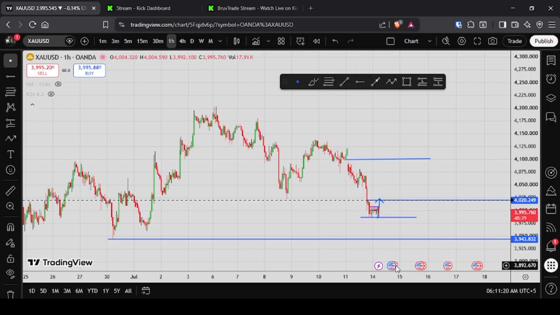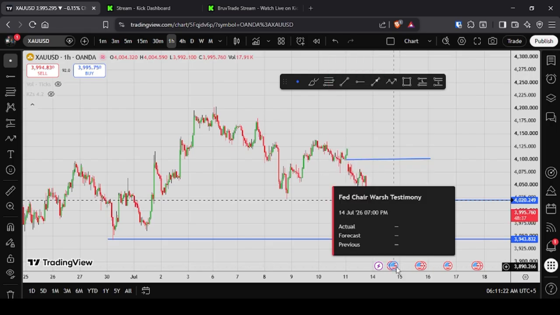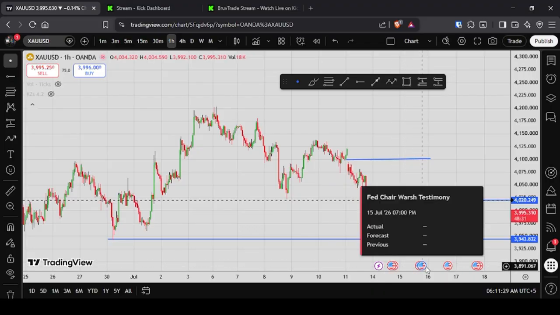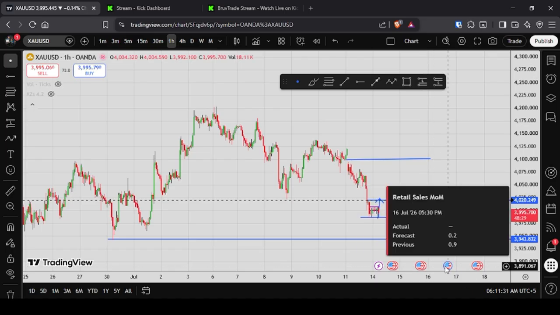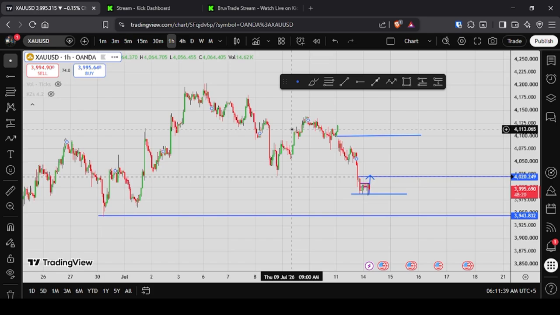I do not know anything about these news and everything, so I don't know anything about fundamental trading. That is why we are going to learn alongside you guys. So yeah, this is it. I think so. It needs to take down this to go upwards till here.